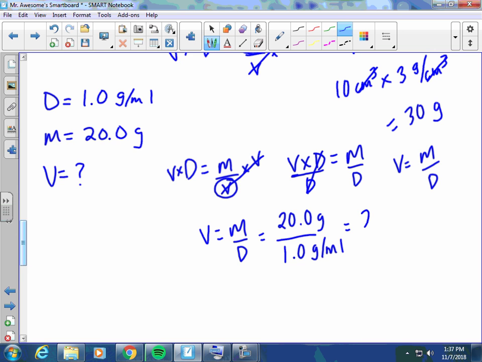What do you think my units are here? Milliliters, because we know the units for volume are either cubic centimeters or milliliters. Which ones do I have in this problem? Milliliters. And that's some of our density math practice. You can plug in any numbers over here, solving for different variables to get more practice, and we'll also be doing more practice here in class. All right? And that is it.